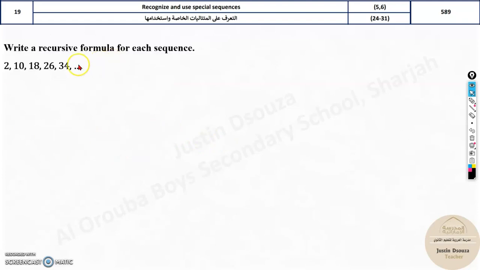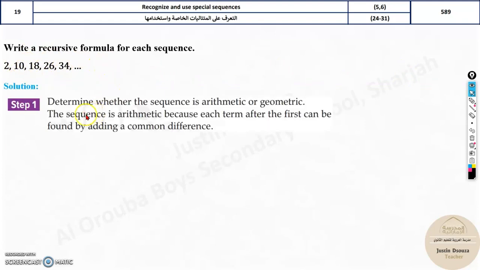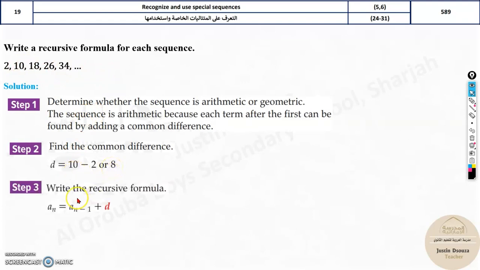But let's do these problems. It's very simple. You should see which sequence these are. Obviously, by now you know this is an arithmetic sequence because 8 is being added throughout and the d value is 8. All you need to do is write the recursive formula like this, because in an arithmetic sequence, the previous term is added to d, the common difference, and you get the next term.